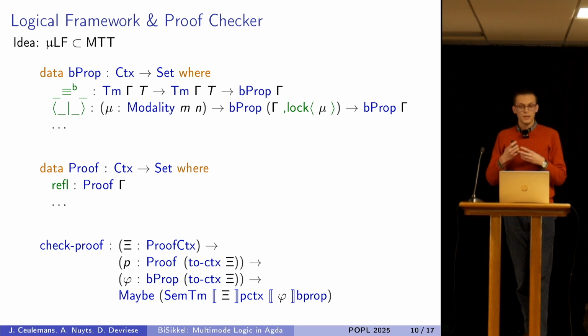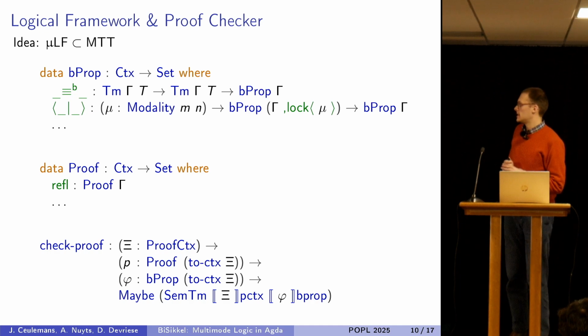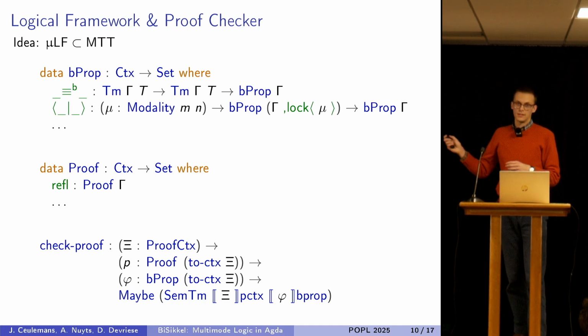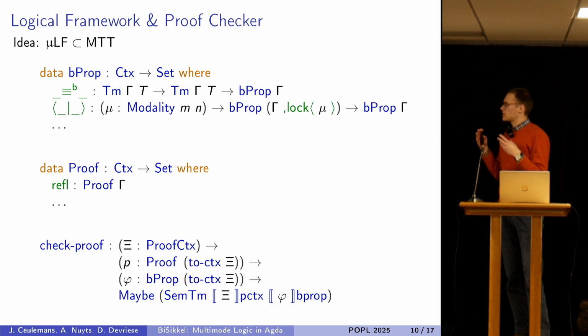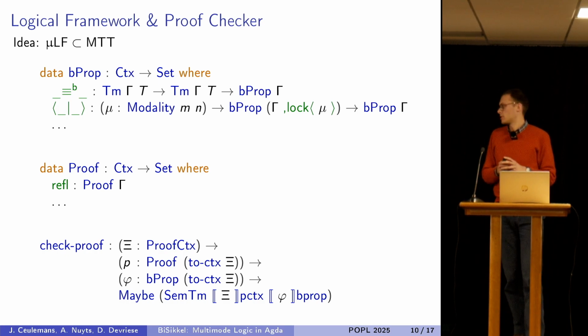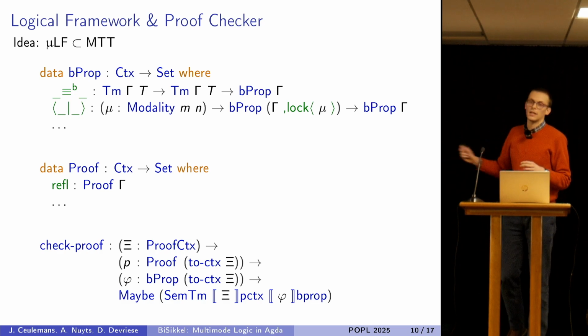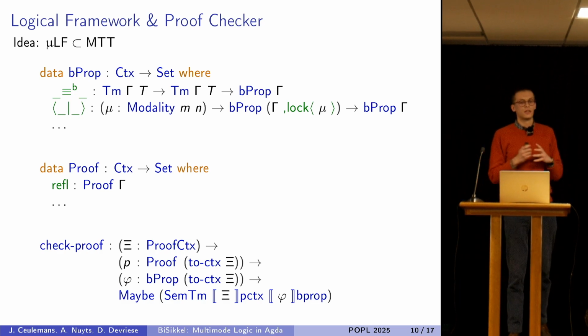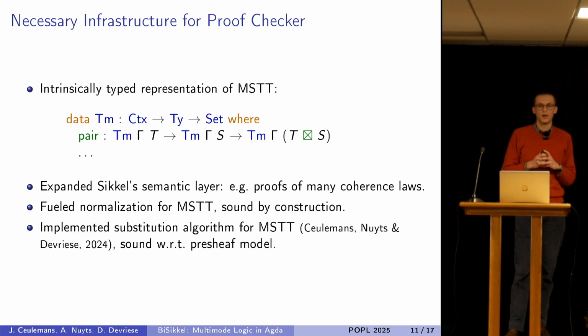Not only that, but when it decides that indeed this is a valid proof, it will give us some evidence of that fact by constructing a semantic term in the presheaf model of type the interpretation of phi. So indeed, this proof checker is sound by construction.